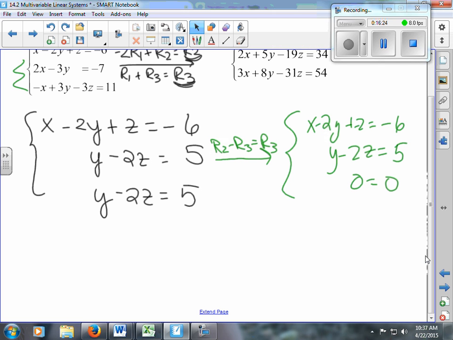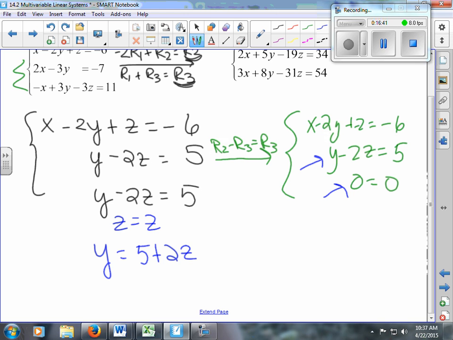Well, in order to get this, you're going to solve in terms of another variable. And so even though I can't use this bottom equation, I'm going to start with the second equation, and I'm going to say y equals 5 plus 2z. So z, I don't know what z is. It's just itself. But whatever z is, y I know will be 5 plus 2 times z.